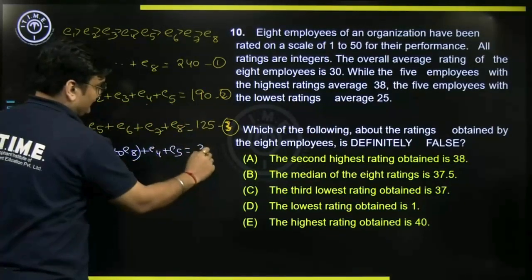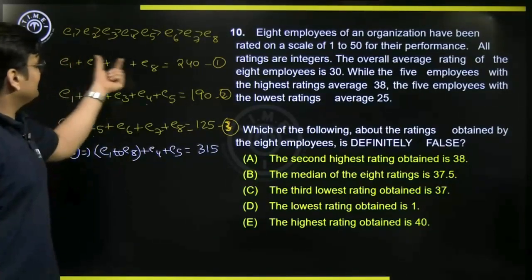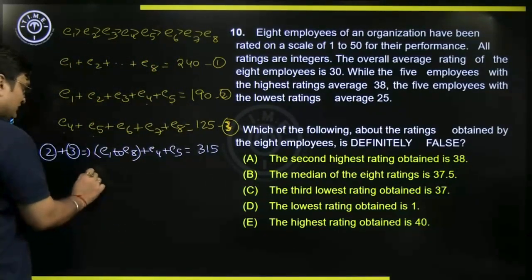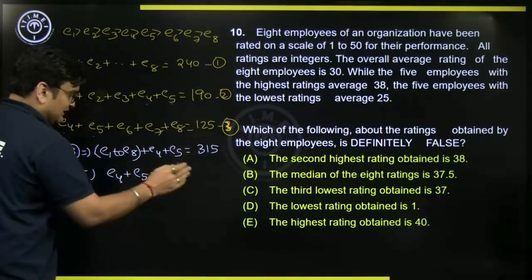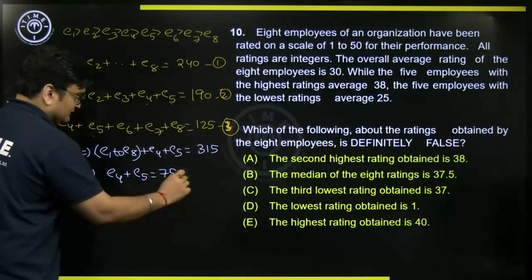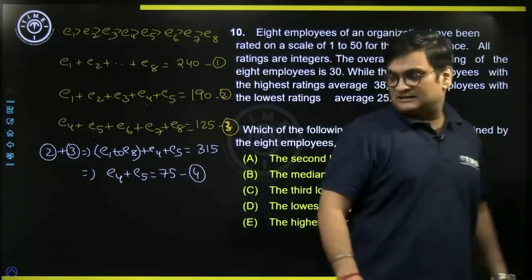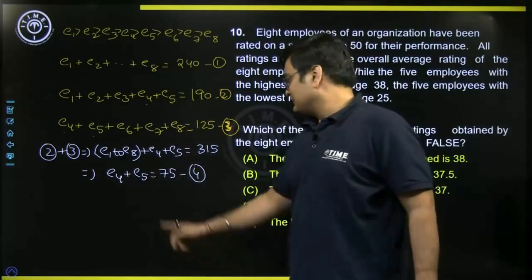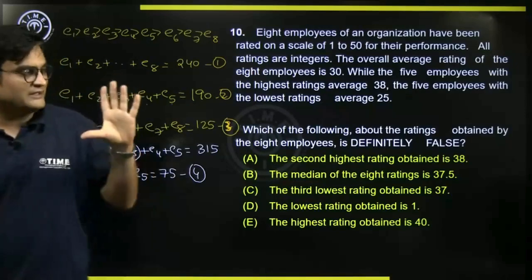So, this is 315, when you add 190 and 125. E1 to E8 is how much? 240, substitute that. So, that means E4 plus E5 is 315 minus 240, 75. This is our fourth condition. So, that means the fourth highest rating and the fifth highest rating, the sum should be equal to 75. This is what we get to know.